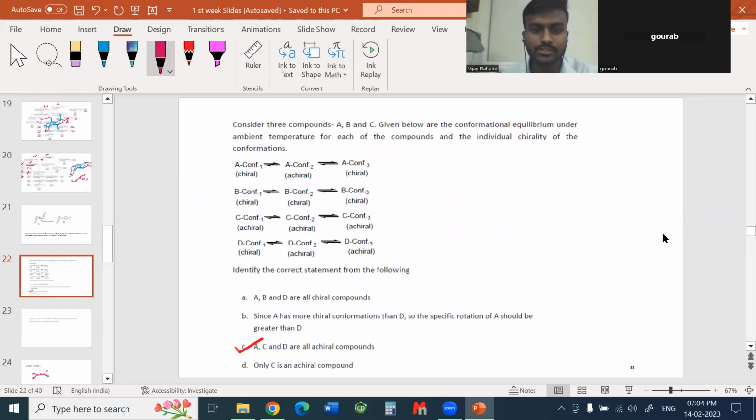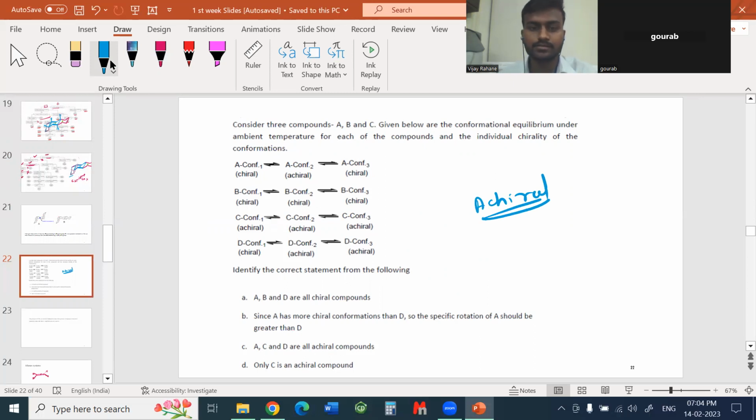This question we have already seen in the last one. Here, I just want to add one point. If any of the possible conformations is achiral, then the entire molecule will be optically inactive.